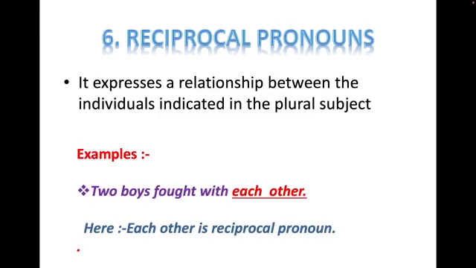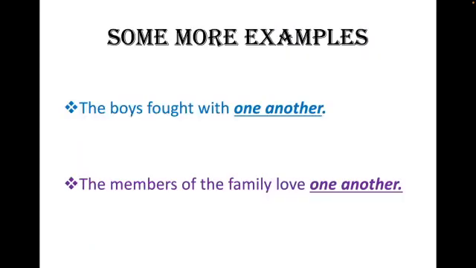Even though each talks about one or a singular subject, we have two boys being the plural subject. So, for example, you might say the boys fought with one another, or the members of the family love one another. Again, your plural subjects such as boys and members do reflect into the singulars of one another.